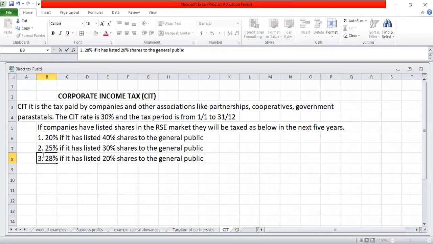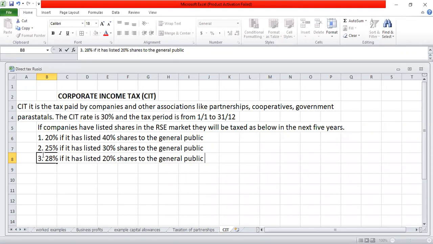So the normal tax rate is 30%. However, if a company has listed shares in the stock exchange market and those shares have been sold to the general public, the company will receive a tax discount in the next 5 years. Please, these discounts are not forever. They are only for a period of 5 years.